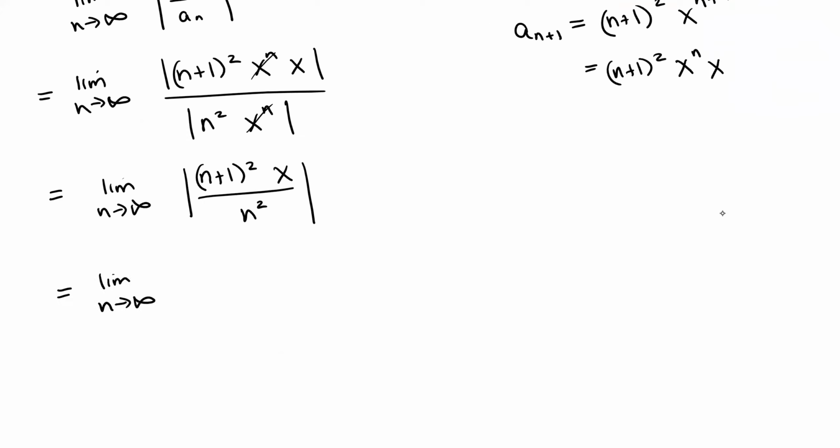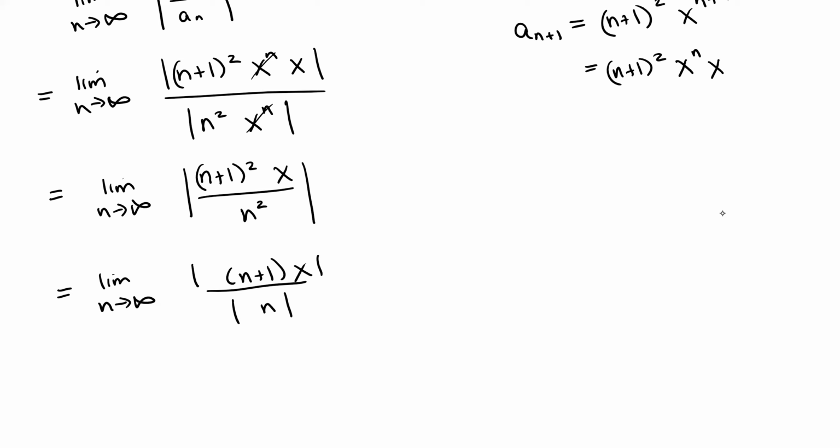Let's go ahead and take the derivative of the numerator. We get 2 times (n plus 1) times x. And then the derivative of our denominator is 2n. Now we see that we have 2's in both the numerator and denominator, so we'll just go ahead and cancel those out right away just to clean things up.